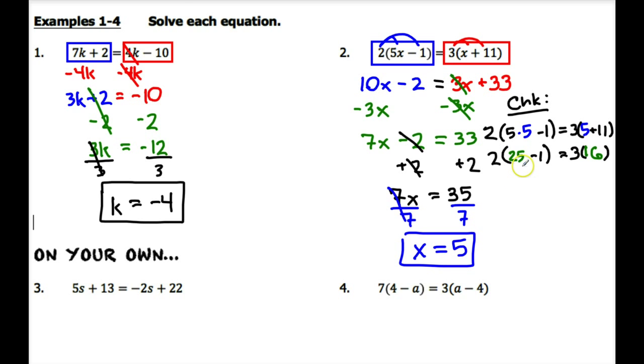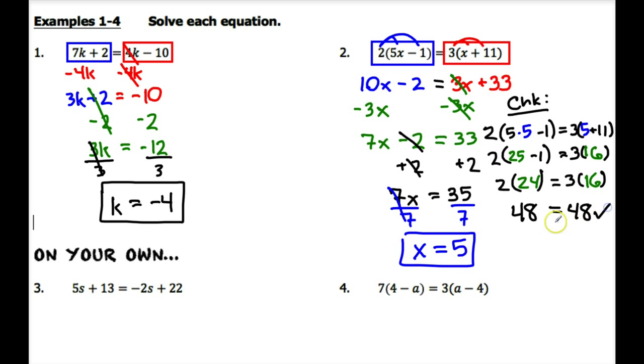Now on the left side, do parentheses again, 25 minus 1, you get 24. So this is 2 times 24, and that's supposed to be equal to 3 times 16. Well, 2 times 24 is 48, so you get a 48 on the left side, and then 3 times 16 is also 48.